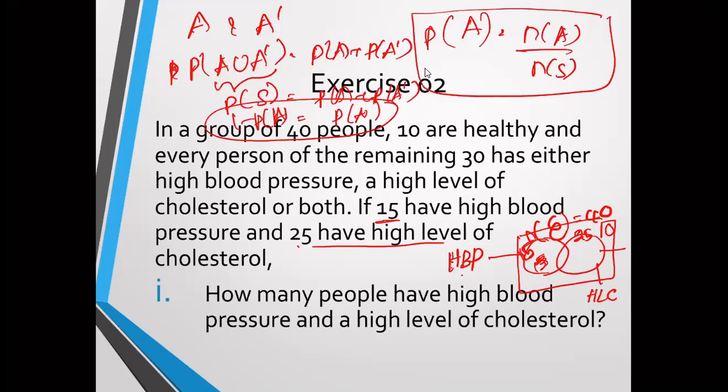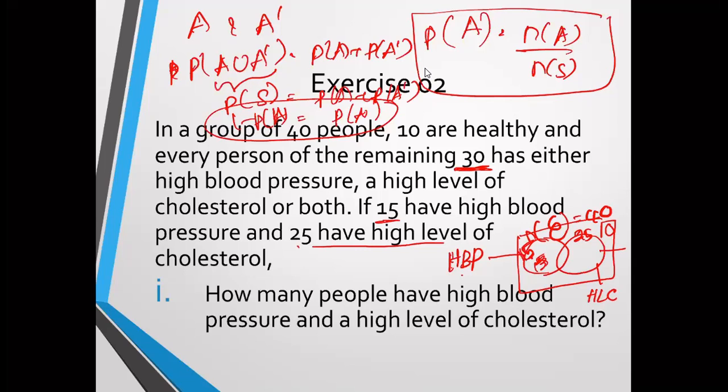Now you might think 15 plus 25 is 40 now. But it says the remaining 30 have either high blood pressure or high level of cholesterol. But here, if we add this 15 and 25, it becomes 40. That's why I told you to write these numbers on the circle, not inside the circle, but on the circle.